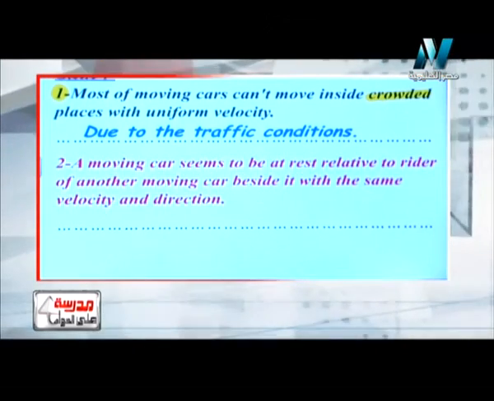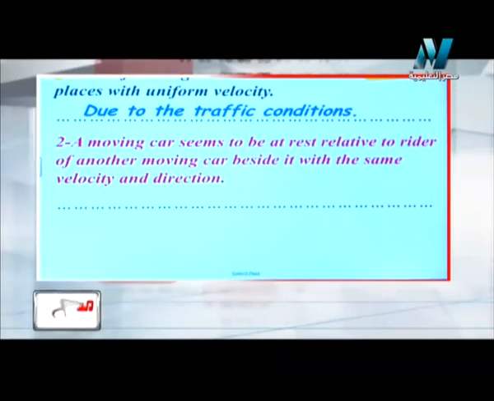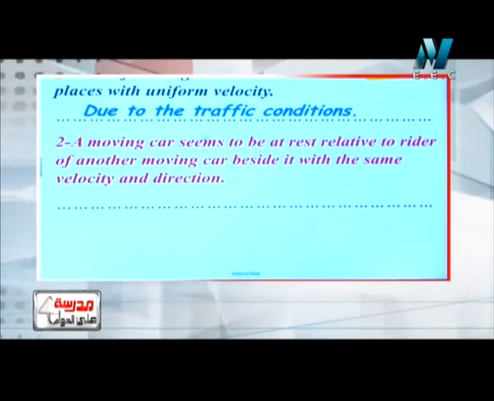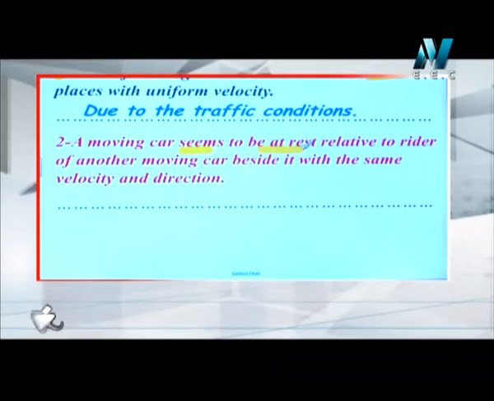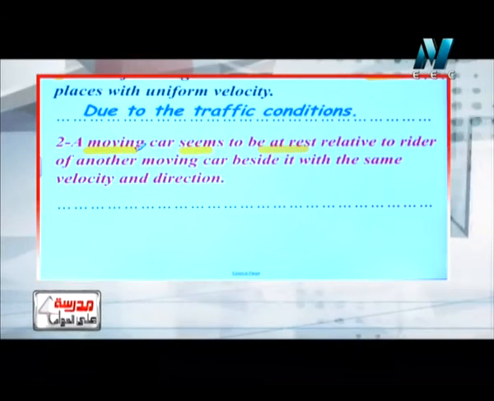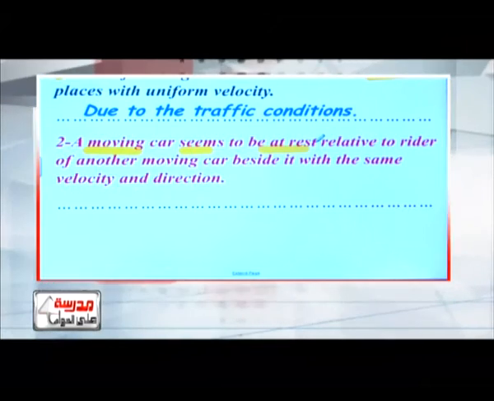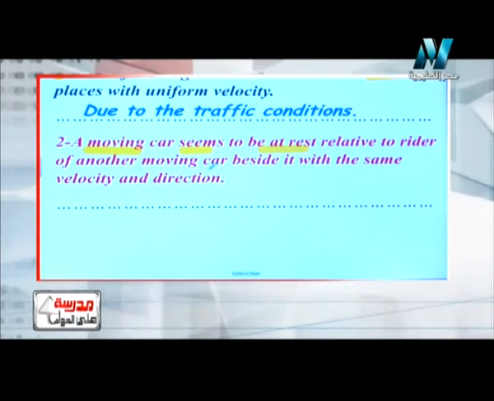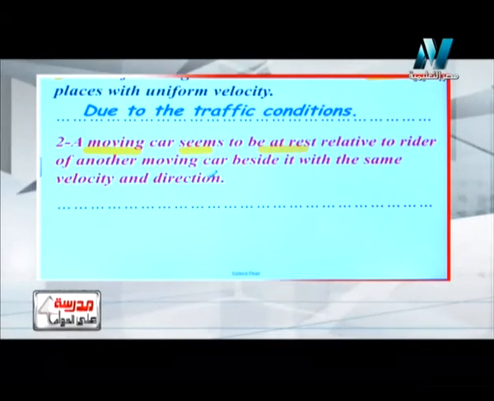Number 2. A moving car seems to be at rest. Here the answer seems to be at rest. But at the same time it is a moving car that seems to be at rest, as if it were standing still, relative to the rider of another moving car beside it with the same velocity and direction.